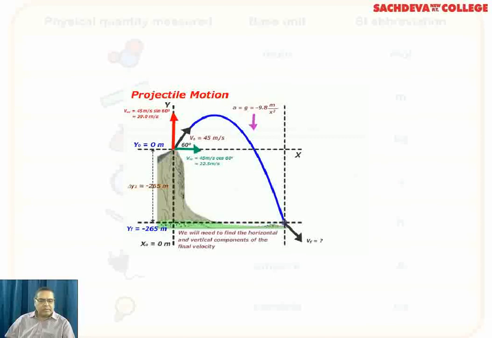The horizontal component is 45 into cos 60. By putting in the values, we get cos 60 as 1 by 2 and sin 60 as root 3 by 2. And from this figure, we need to find the horizontal and vertical components of the final velocity. Now, in this figure, the distance from the origin towards the green arrow downward is called the range, and that is called the horizontal range, delta x.